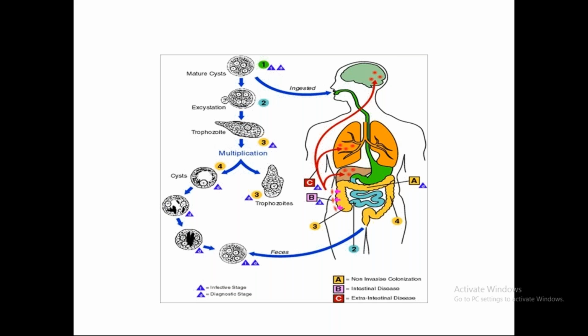And from here, it enters the circulation, that is the venous circulation. Through the portal vein, it travels to the liver. So this is the cause for hepatic amoebiasis, amoebic abscess in the liver. Other extra-intestinal sites, apart from the liver, are the lungs and the brain.